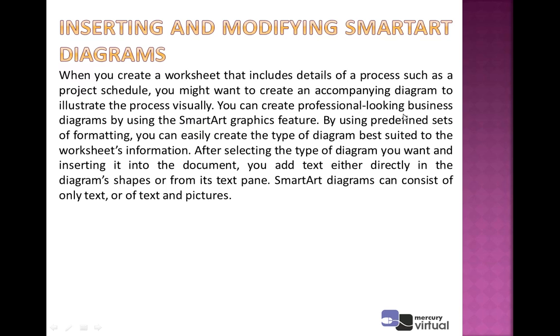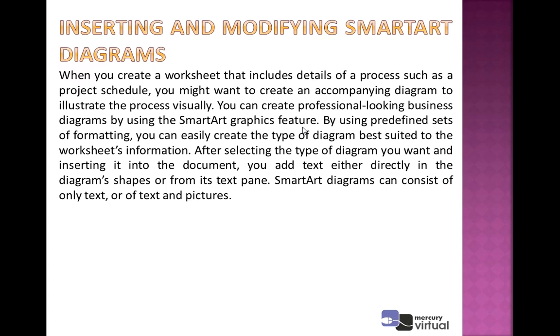You can create professional looking business diagrams by using the SmartArt graphic feature. It is a feature available for businesses to visually represent their data. For example, if a company wants to show their hierarchy, it can be shown using SmartArt diagrams.